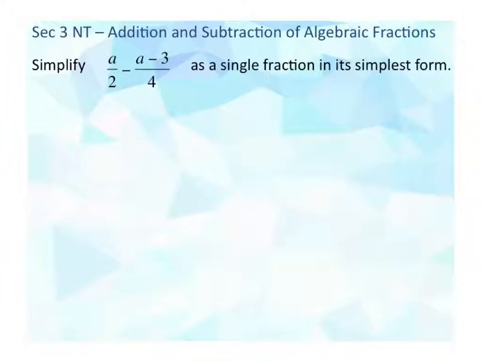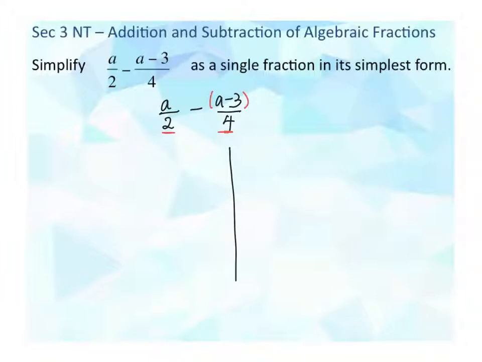Subtraction of algebraic fractions. So for example, I have this question over here. Now, the first thing that we need to do is, there are 2 terms in the numerator. We must remember to put brackets. So now there are 2 ways that some of you will do it. The first one is, look at the denominators 2 and 4. What is the LCM of 2 and 4?